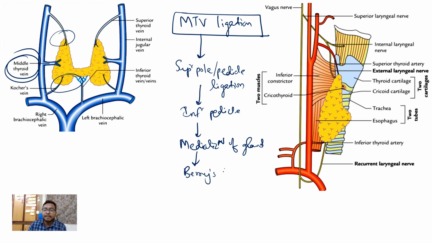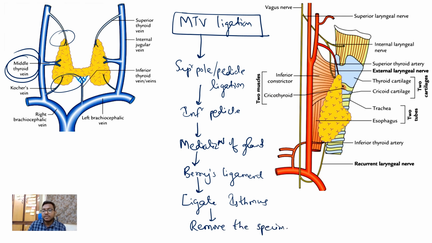At the level of Berry's ligament, we need to be very careful, because it is one important landmark where you can have the recurrent laryngeal nerve. Once you excise the tissue at the level of Berry's ligament, you divide or ligate the isthmus. Then you remove the specimen. We will see important aspects at each step. So this is the basic step.